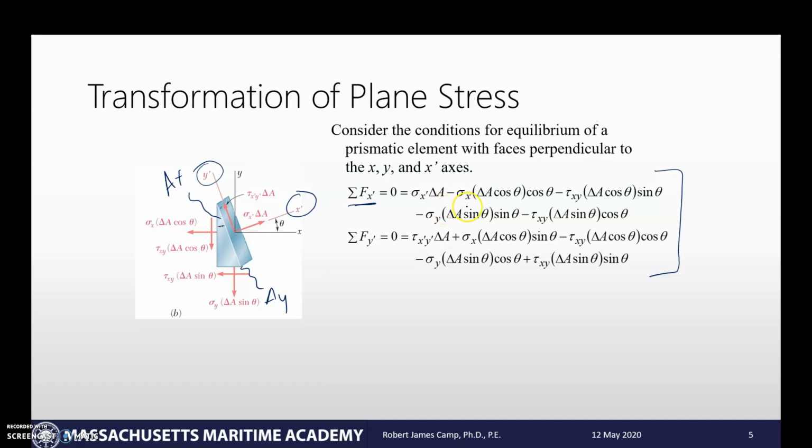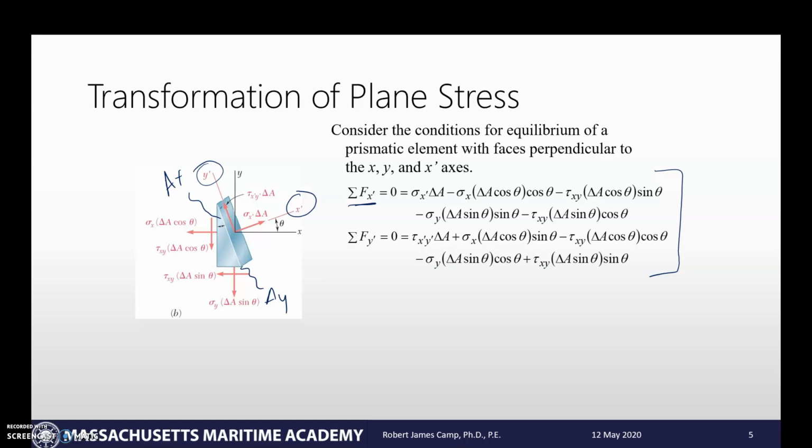Then I have all of this stuff projected, so this is my initial normal stress, and I'm looking at delta A cosine theta times cosine theta. What is that? That's giving me the x prime component of my x stress on this new plane. And that's what all these forces are: we're just finding all of the different components.